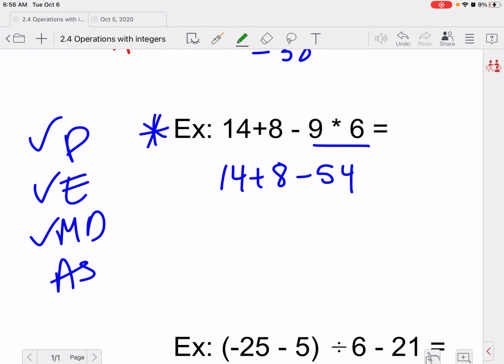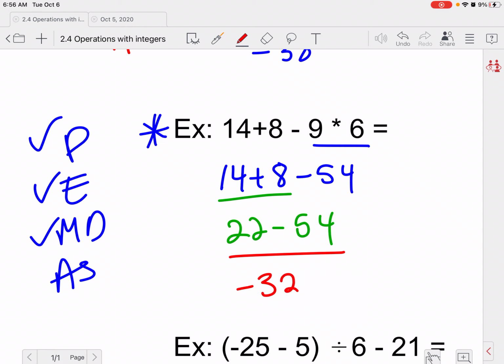So if I do my addition subtraction, left to right, 14 plus 8 is going to be 22 minus 54. Okay. And then again, we just finish off with the last one. 22 minus 54 would be 32 with a negative, because there are more negatives than positives in this sense because we're taking more away than what we had. Okay, so addition subtraction is taken care of.